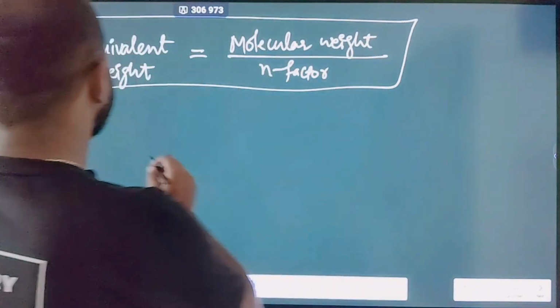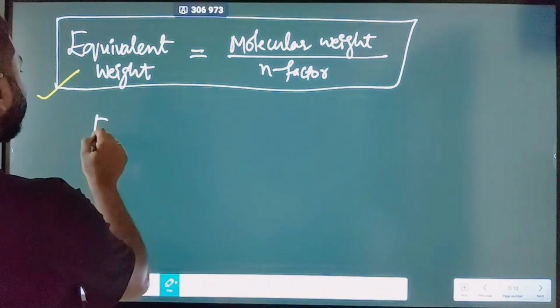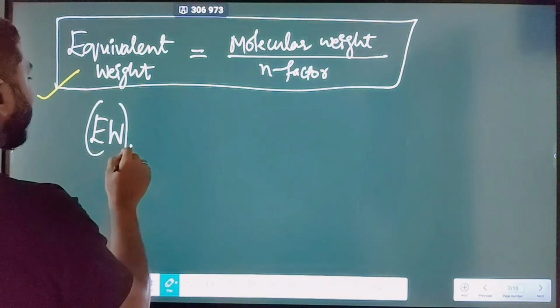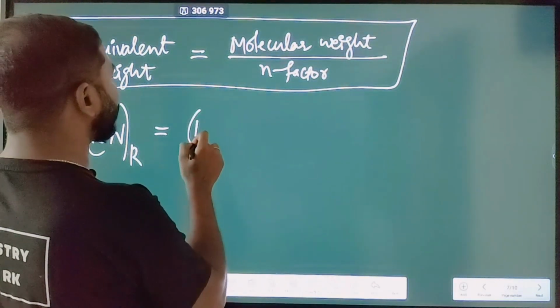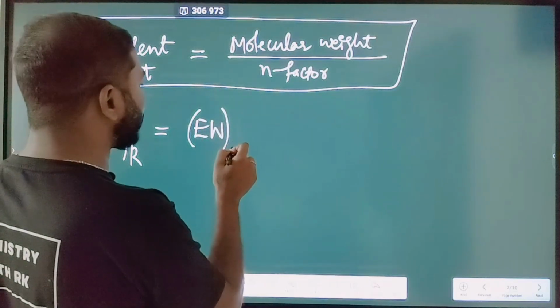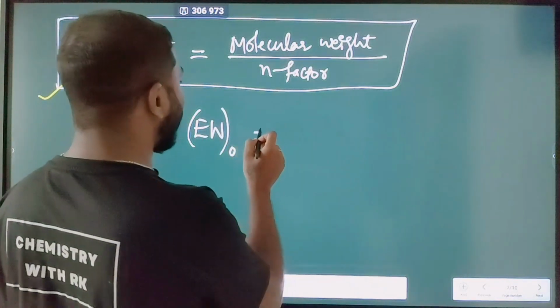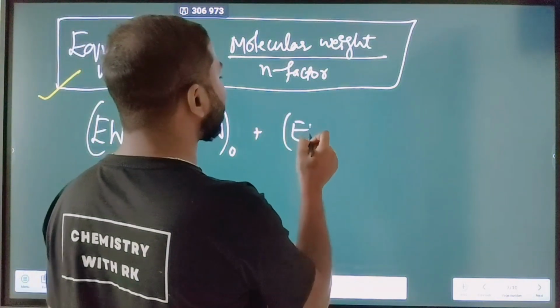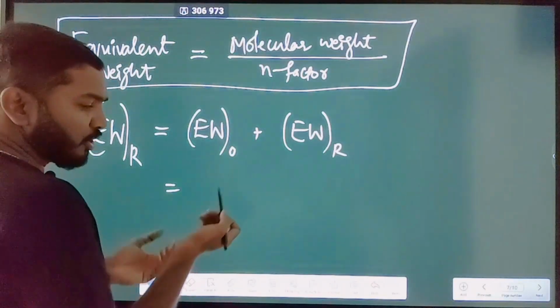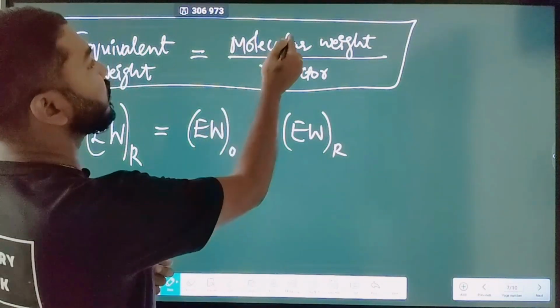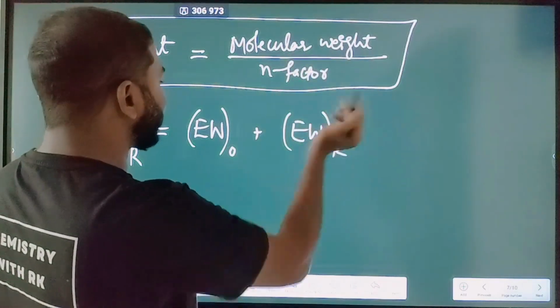So there is an equivalent weight for the entire reaction. For the disproportionation reaction, it is going to be the equivalent weight for the oxidation reaction plus the equivalent weight for the reduction reaction. As I told you already, equivalent weight is gram molecular weight by N factor.